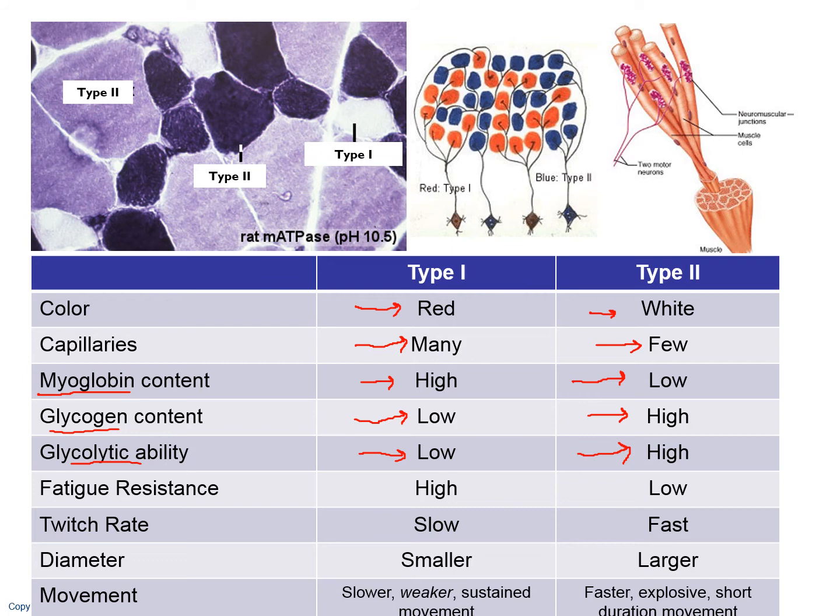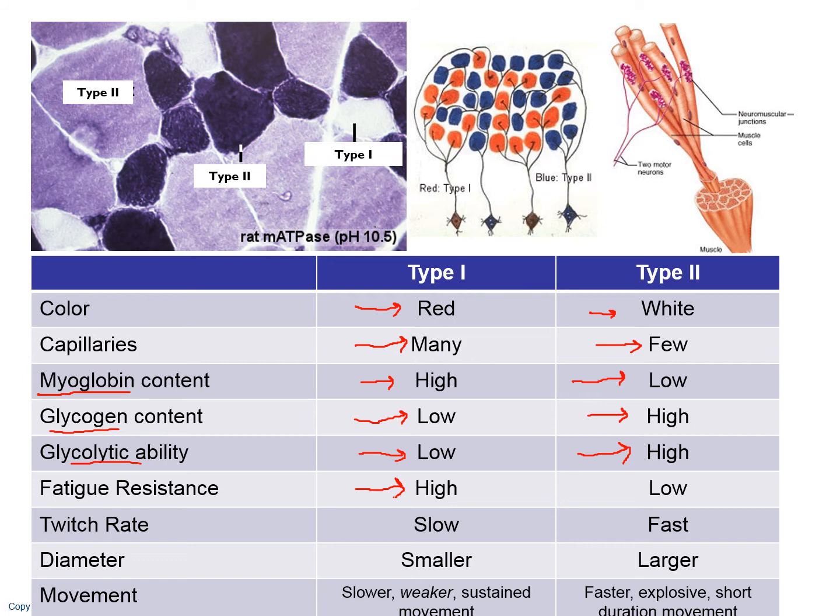The two main contributors to fatigue are lack of ATP and the buildup of metabolic wastes like inorganic phosphates, lactic acid, and hydrogen ions. Since type 1 fibers can make a lot of ATP from only a little glucose, and they have many capillaries to transport wastes away from the cell, these muscle fibers have a higher resistance to fatigue.